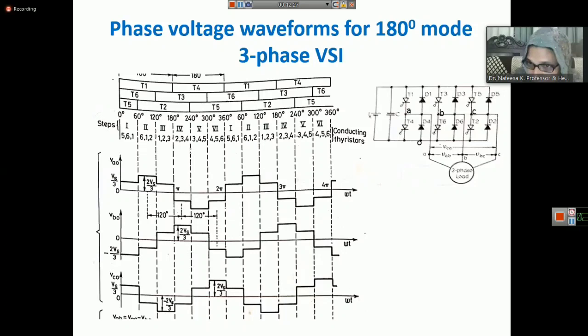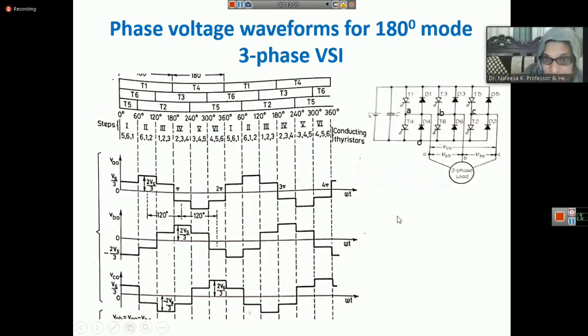Suppose in the first interval T1, T6, T5, if you are turning on T1, the voltage coming to this side is VS, and if the lower switch is connected, VA is 0. In this way you can draw the equivalent circuit by considering the star connected stator voltages, connected to this DC input voltage.